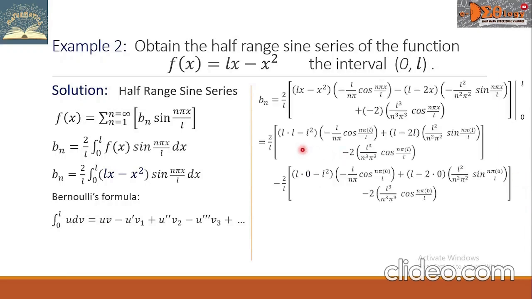We have now these two big groups. Let us analyze one by one. Let's begin with the first big group. Here we have L times L, that is L square minus L square. This becomes 0, which means this pair of factors becomes 0 later.